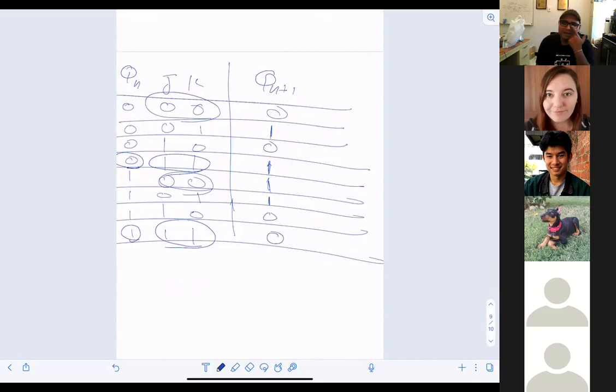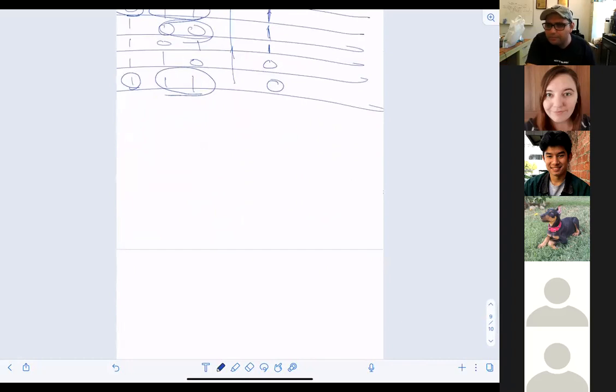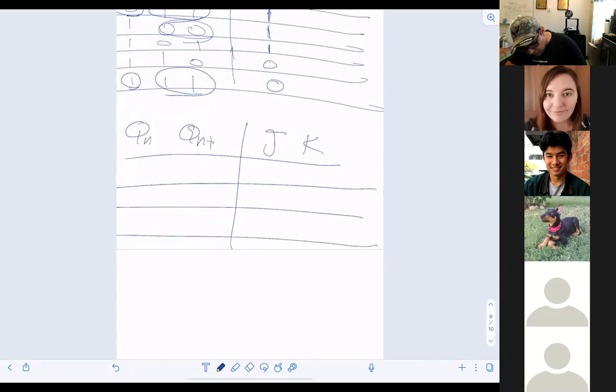Okay. Anyway, now we're going to move into the excitation table. It's the same methodology we use for filling an excitation table, by saying Qn plus 1 has J, K, and 1, 2, 3, 4, and 0, 1, 0, 1, 0, 0, 1, 1.